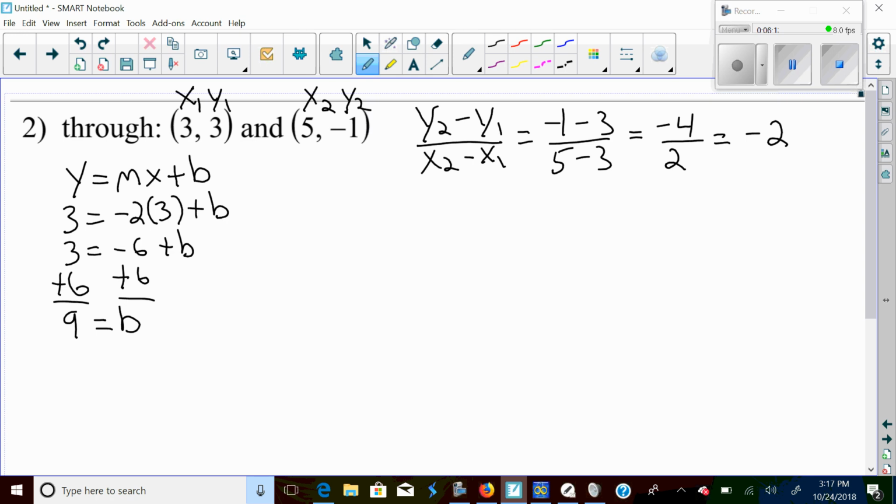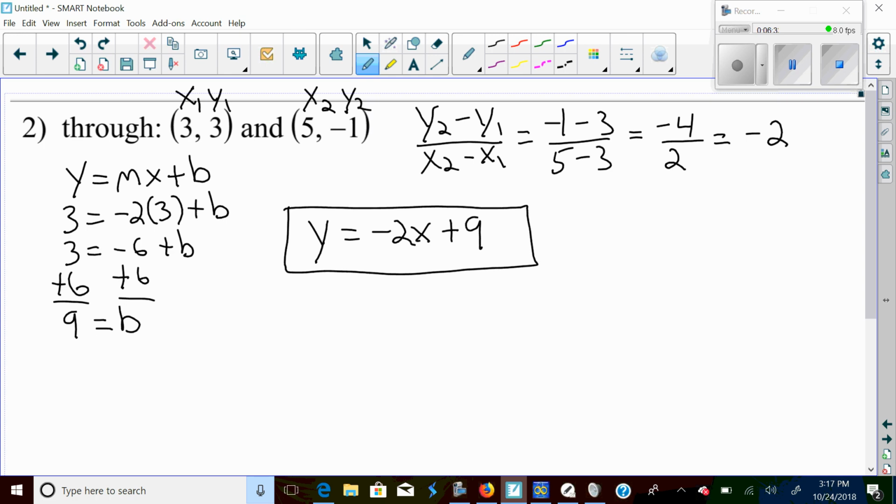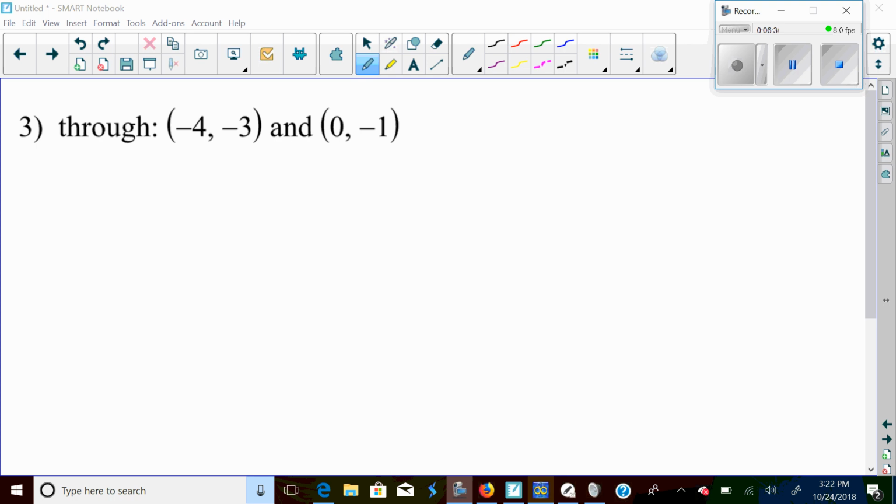So my y-intercept is b. So now all I have to do is write my equation, which is y is equal to my m, -2, x plus 9. That's my final answer. Now take a look at number 3 here and see if you can solve for this one.